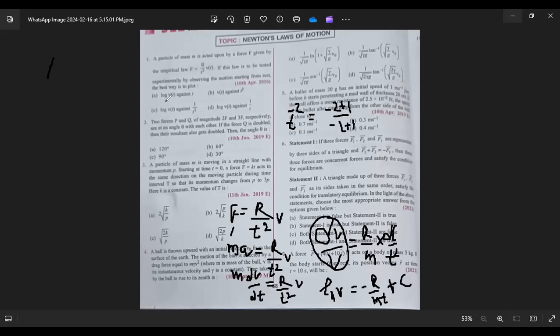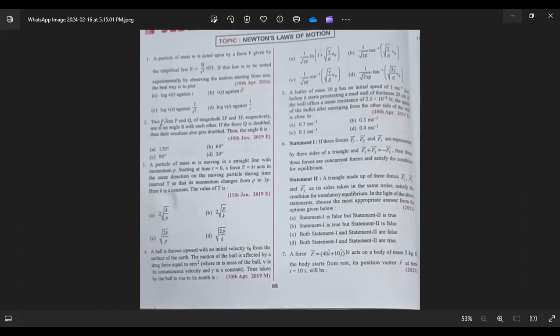The first is log v against t, second is v against t square, third is log v against 1 upon t square. But here it is only t in the denominator, so you can say that log v is against 1 upon t. Option d is the right answer. Now move on to the second question. We will solve all these questions.